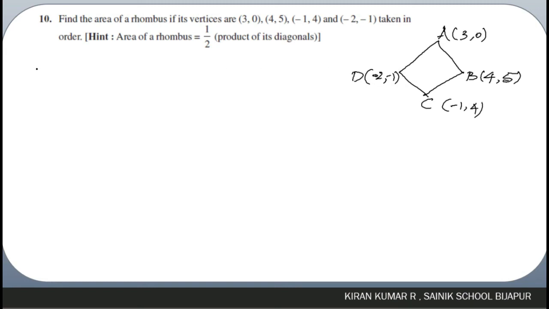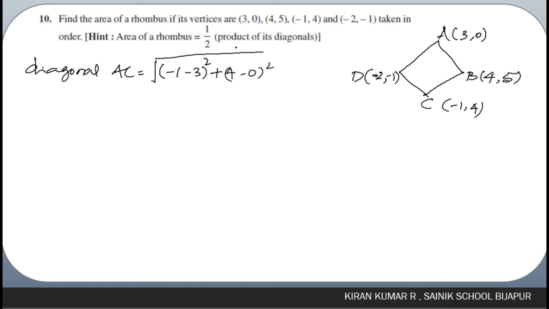So I need to find the diagonal AC. Using distance formula, AC will be square root of -1 -3 whole square plus 4 -0 whole square, which is nothing but root 16 plus 16, which is root 32. This will be equal to 16 times 2, so 4 root 2.